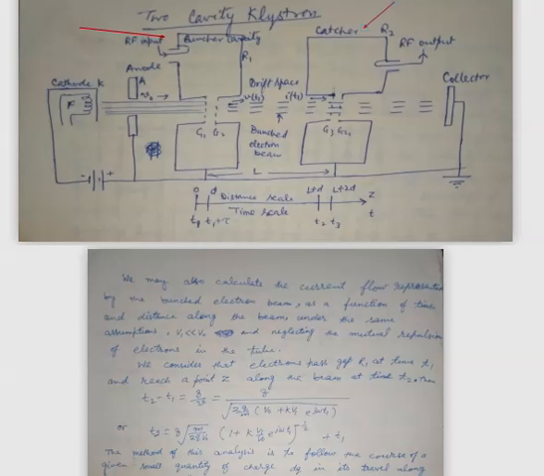Means the electron bunch when it passes through the grids G3 and G4, the field between the grids is such that the electron bunch will be retarded and it will lose its energy to the cavity grids.